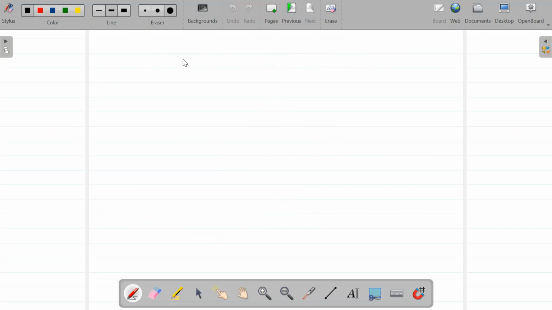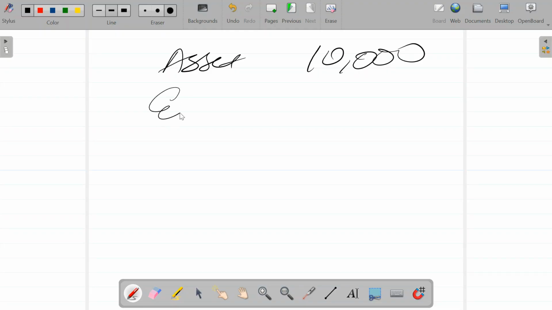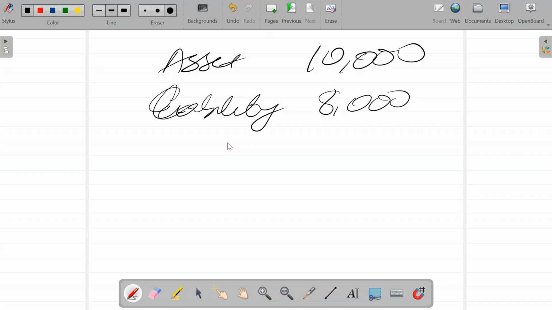So let's say that at the end of the year, our assets are maybe 10,000. Then we are owing some people, we are owing creditors, maybe 8,000. So what is left?